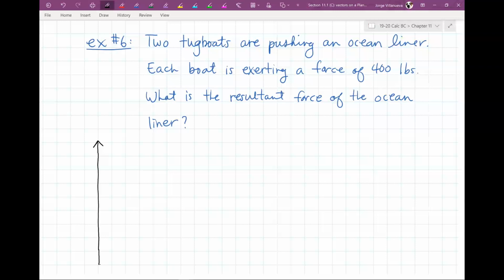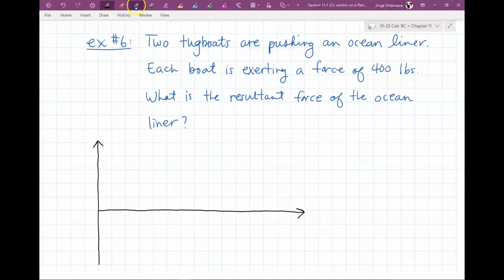So they're like little boats that guide ships in and out of harbor sometimes. But there are some ships that don't need that anymore. They have little side propellers that can push sideways. So I guess it just depends on how nice the boat is.